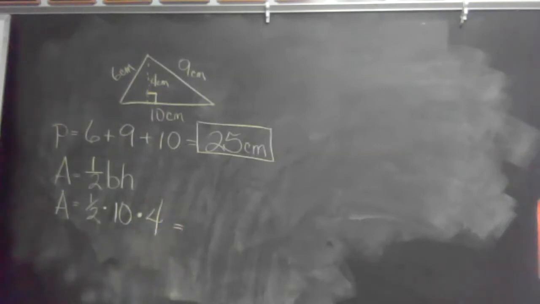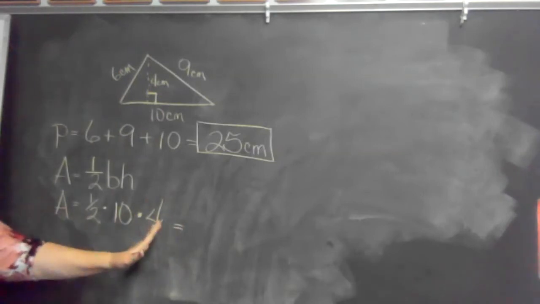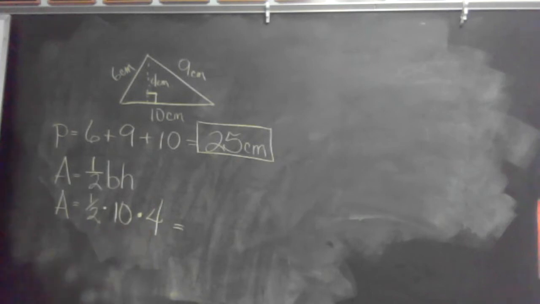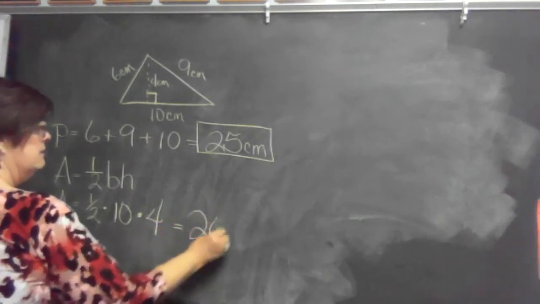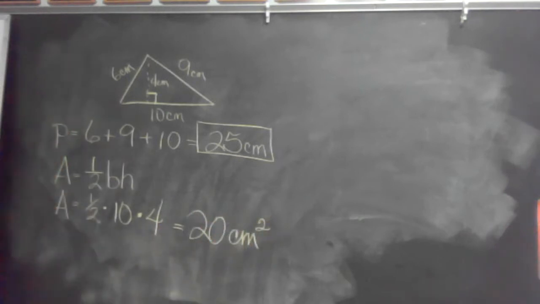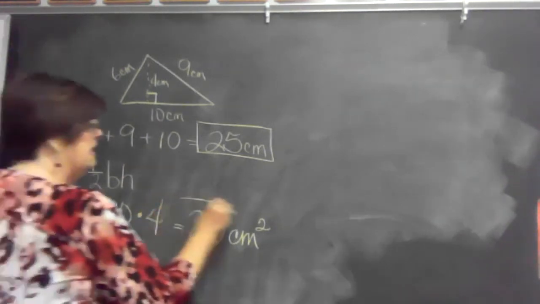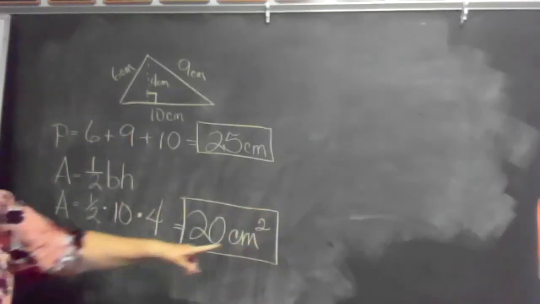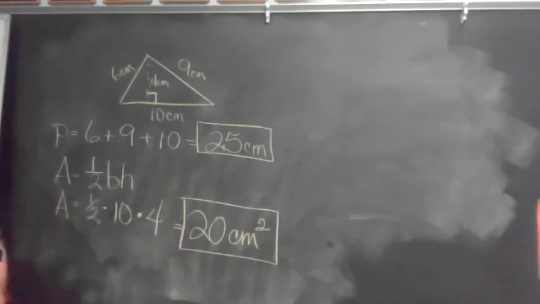Equals, and you can do it on your calculator, or you can find half of 10 is 5 times 4 is 20 centimeters squared. It has squared because area is two-dimensional, square units. Any questions on that?